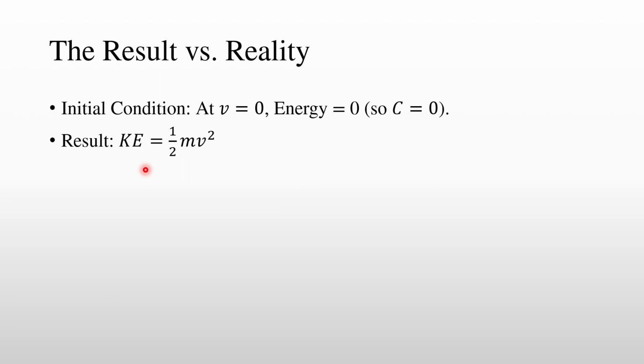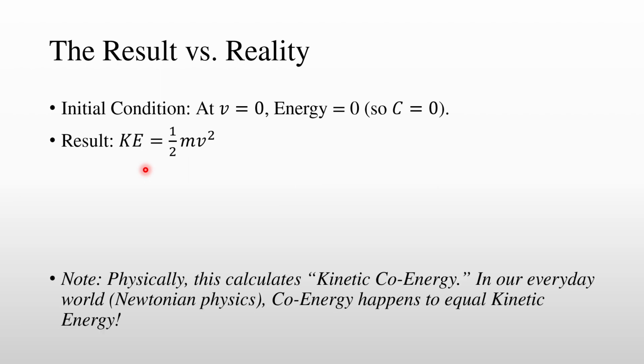A note to you, students: physically, this calculates the kinetic co-energy, which is the mirror of the actual kinetic energy derived by the work kinetic energy theorem. But in our everyday world, let's say Newtonian physics, co-energy happens to equal kinetic energy.